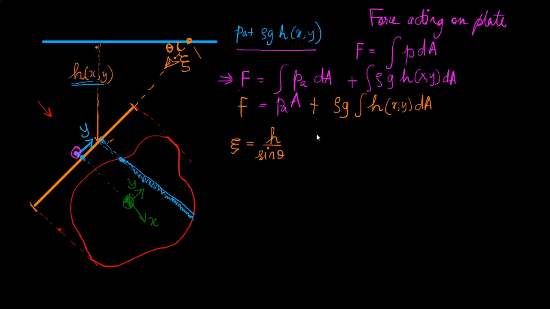So with this we substitute it over here. So we have F equal to Pa times A plus rho g integration of xi dA times sine theta. And of course the sine theta comes out from the integral because it's a constant. Oh sorry, it's xi times sine theta. My bad.